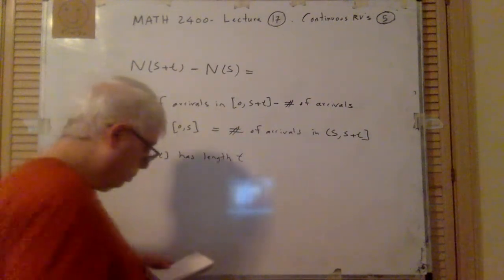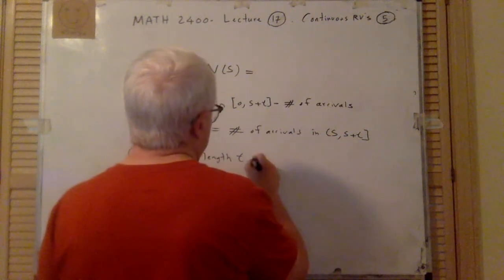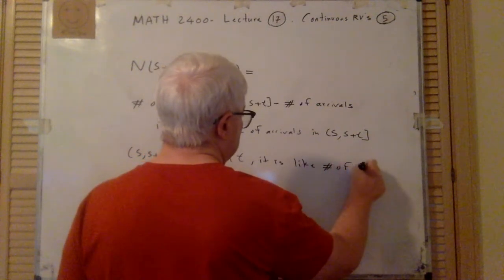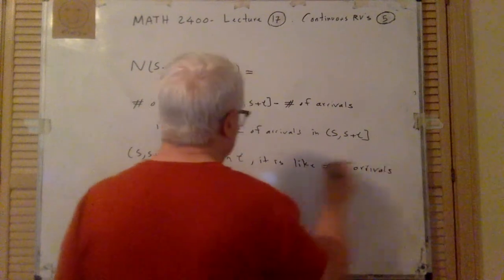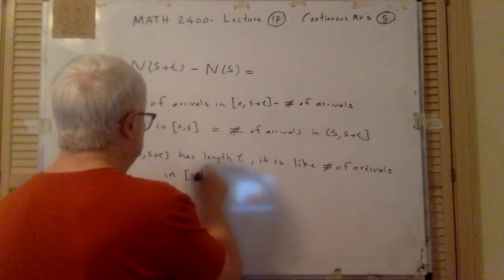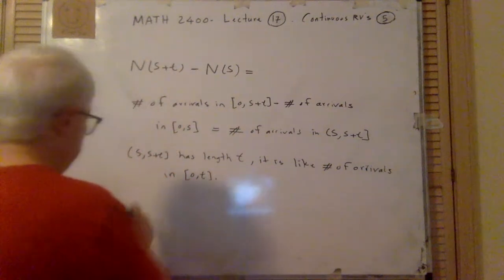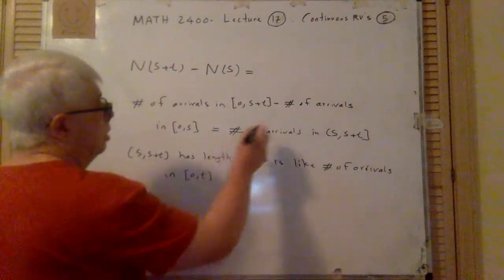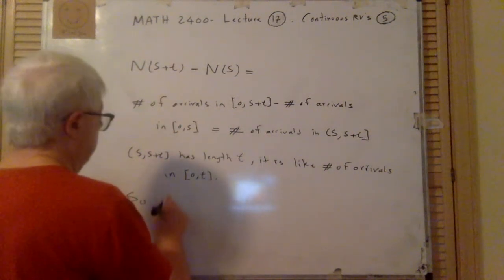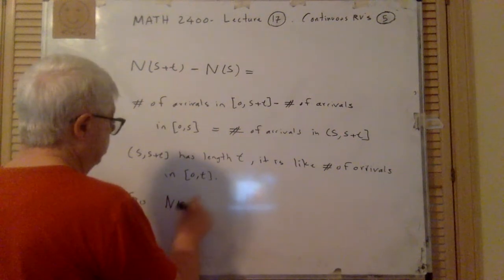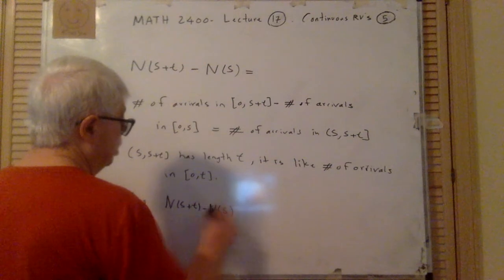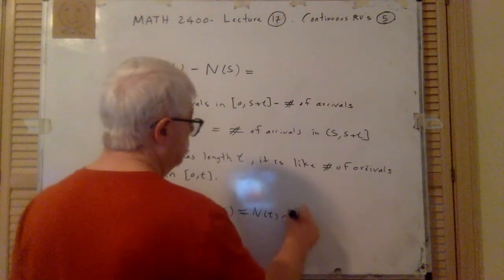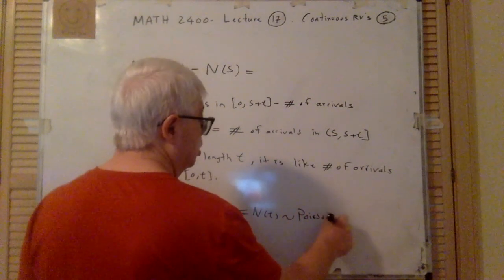So it is like the number of arrivals in 0 to t. So N(s plus t) minus N(s) has the same distribution as N(t), which is Poisson lambda t.